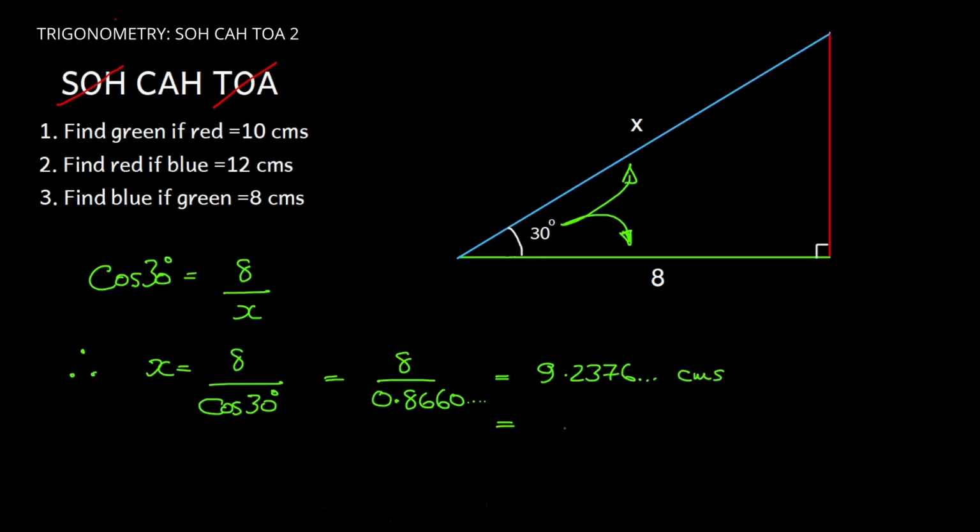And if they want that to 1 decimal place, the answer would be 9.2. And it's always good to put next door to it 1 dp. And that's the answer. Is it reasonable? Yes, it is. It's going to have to be larger than 8, and it happens to be 9.2.